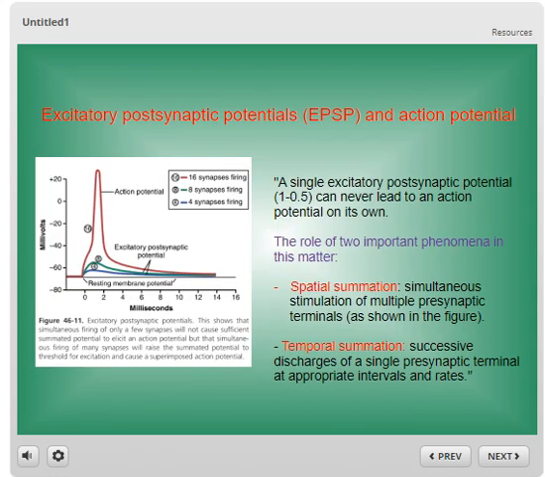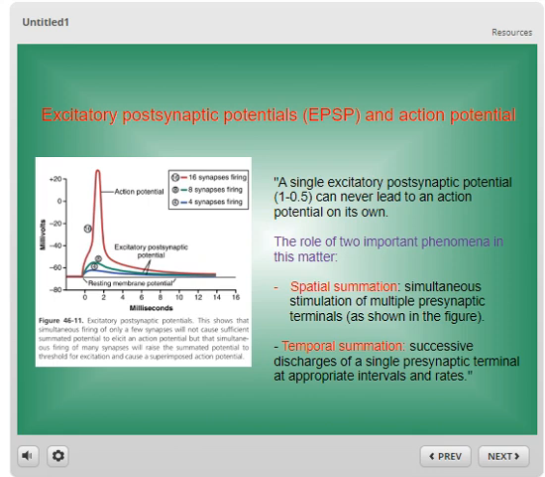Okay, here is an overview of excitatory postsynaptic potentials, EPSPs, as a local potential, and their relationship to action potentials, including the concepts of spatial summation and temporal summation.